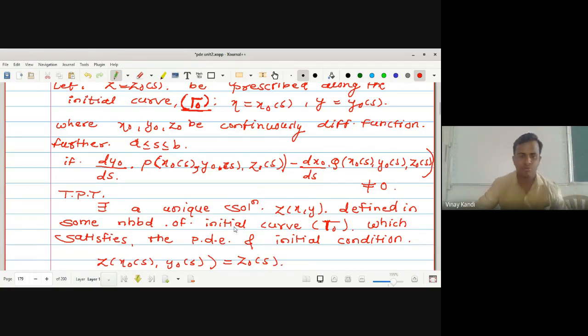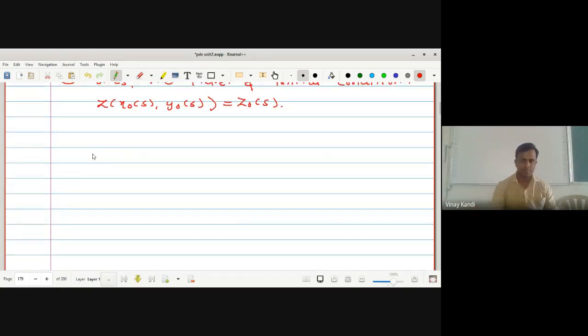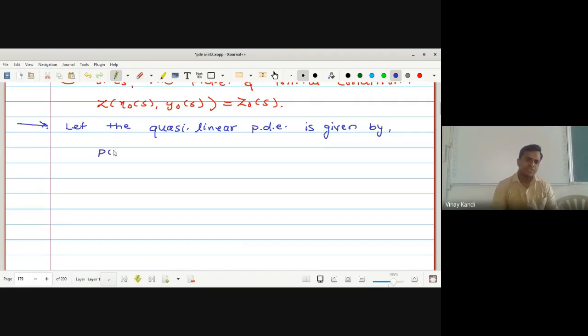Okay, now look at the proof. Let the Cauchy linear partial differential equation be given by P of x, y, z into z x plus Q of x, y, z into z y is equal to R of x, y, z.